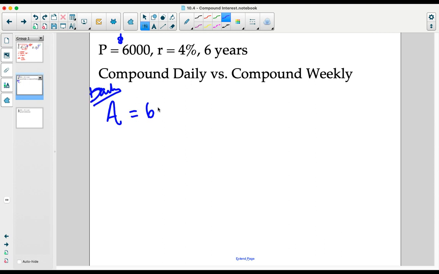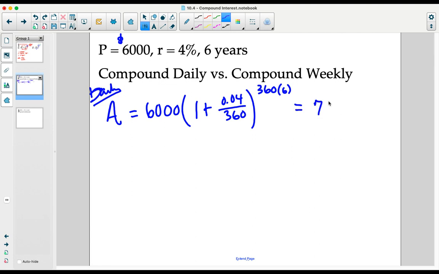With daily compounding, we have the $6,000 principal, 1 plus the 4%, broken into 360 subsections for the 360 compounds that will happen. And in the power, we have 360 times 6. That's serving as the total number of compounds over that 6-year period.